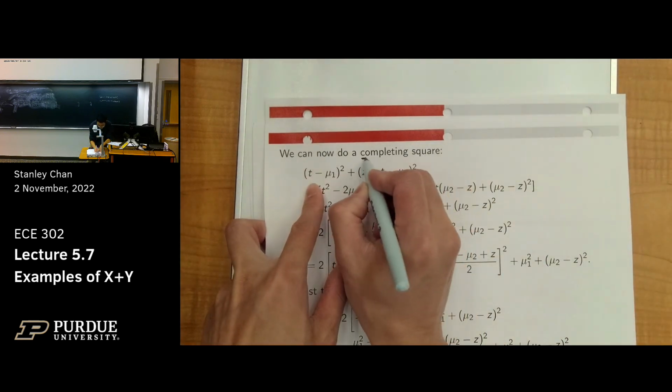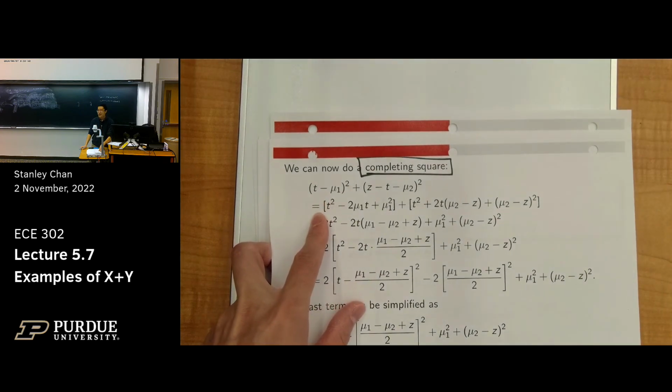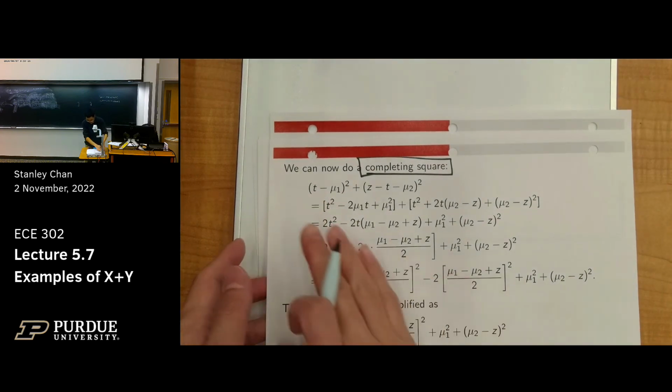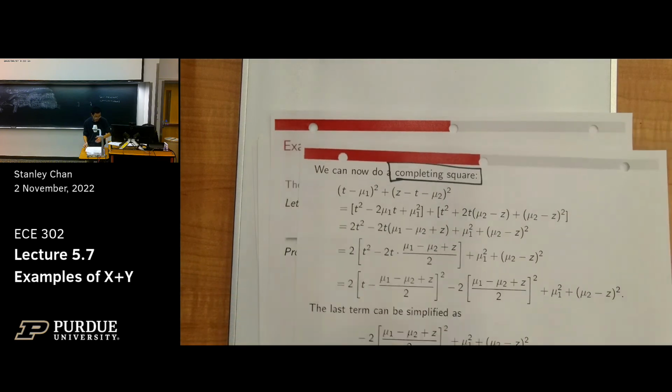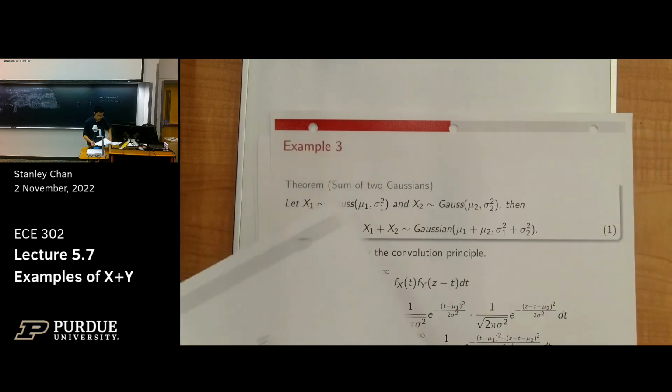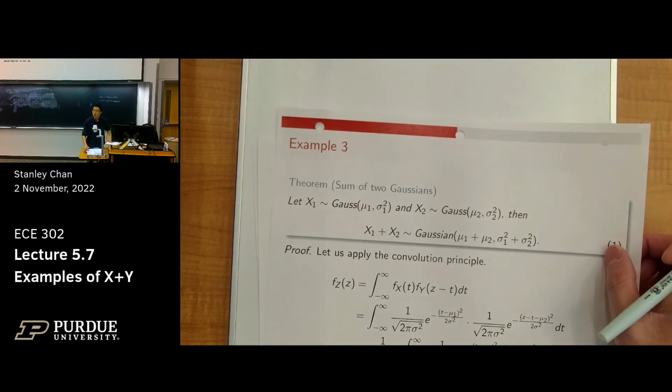The technique that you're learning here is called completing the square. It's just tedious, but once you sit down and go through all these calculations, you can find the results. I'm not going to go through it because we have a much easier proof when we talk about the moment generating function.